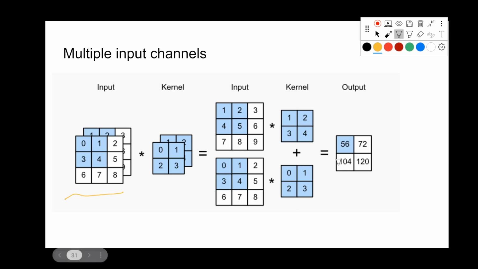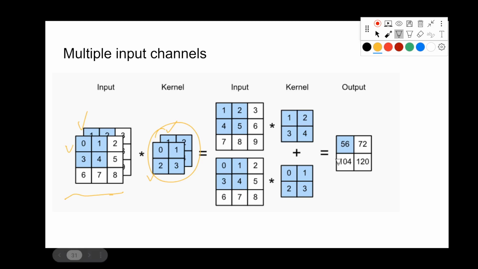In this example, since we have 2 input channels, we have 2x2 filters, and each filter applies to 1 input channel. So when we do the convolutional operation, we have a different filter for each input channel.